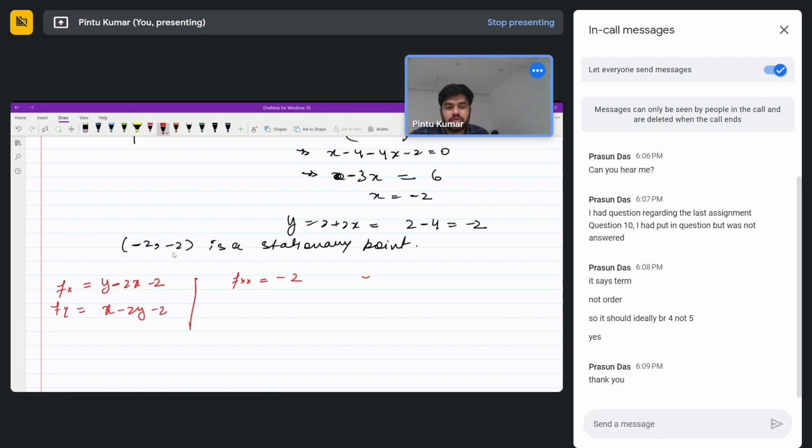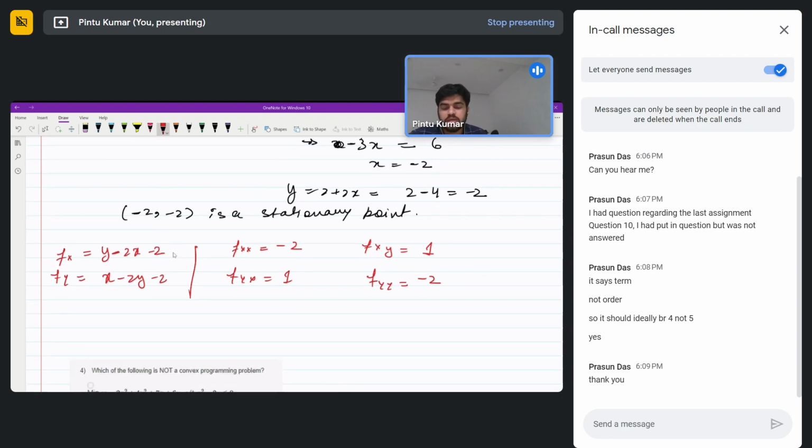What is f of xy? This I get to be 1. F of yx is also 1, and f of yy is again minus 2. So what kind of matrix do I get? I get the Hessian of f equal to minus 2, 1, 1, minus 2.